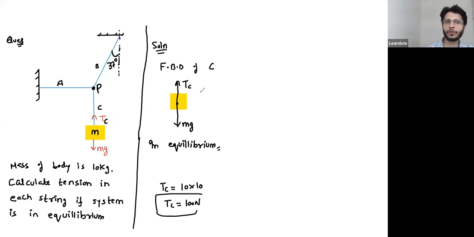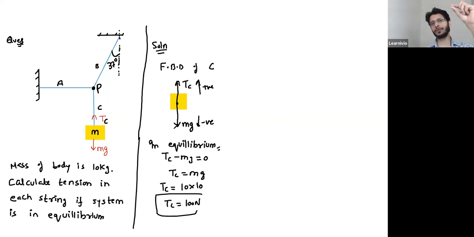Let's say I'm taking upwards as positive, then downwards would be negative. Adding these forces, TC minus mg equals 0, so tension at C is equal to mg. You can directly write that if a body is in equilibrium, then the force acting in the upwards direction should be equal to the force acting in the downwards direction. So tension in string C is equal to 100.